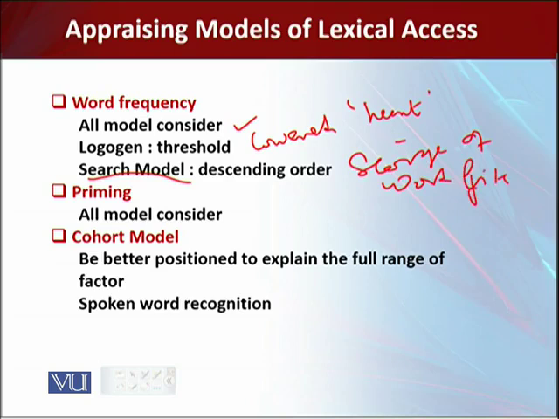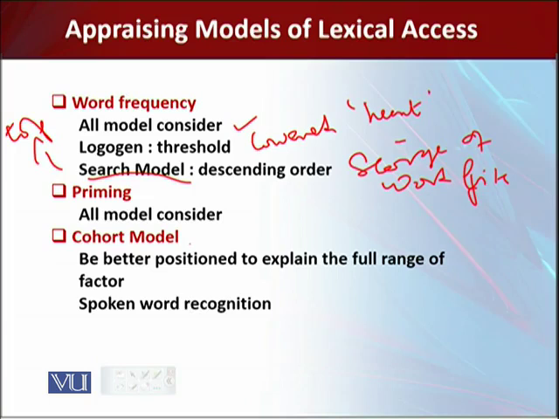High frequency words are stored higher than low frequency words, and the search process begins at the top of the files. So the search process begins from the top, and accordingly lexical access is more rapid for high frequency words.